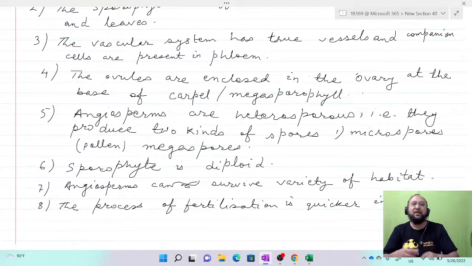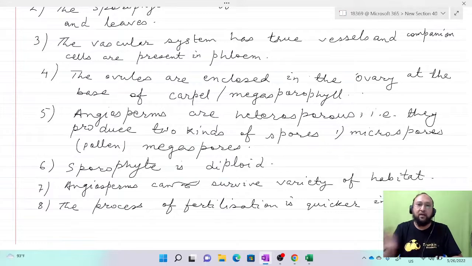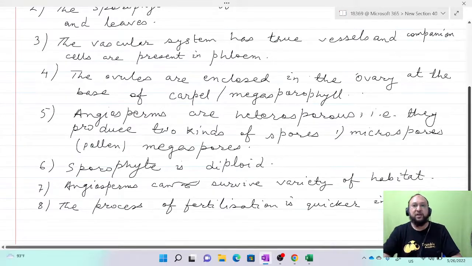So now we will compare with the gymnosperm. In gymnosperm, we studied yesterday that these are naked seeded plants. The seeds are not within the fruit. Seeds are not covered. So gymnosperms are also called naked seeded plants. But in case of angiosperm, we see that the seed is well within a fruit. So this is the advanced feature.